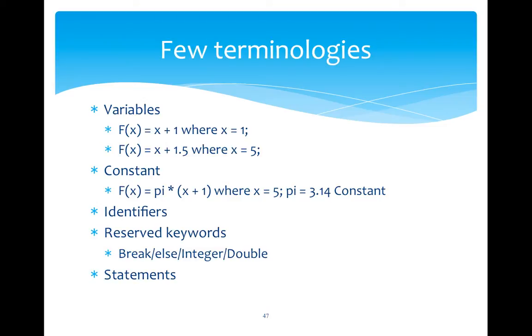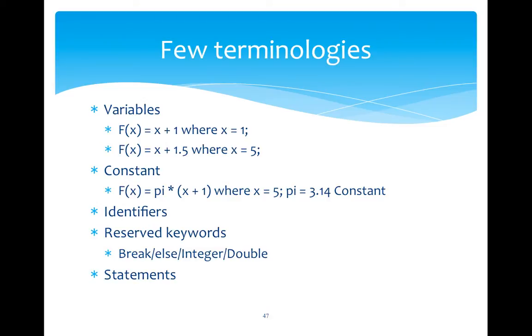Now there are a few more things. When we learn a language like English, it has a dictionary of words. Those are fixed words which we can remember and we can use as and when required.